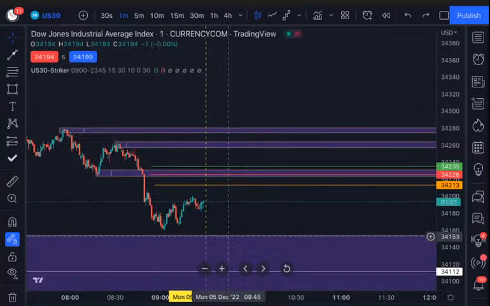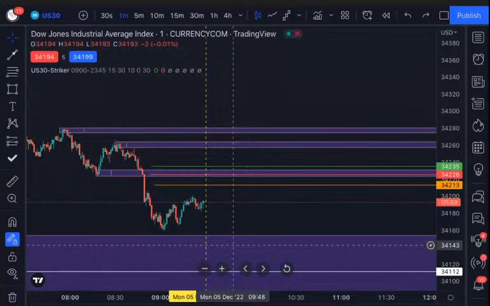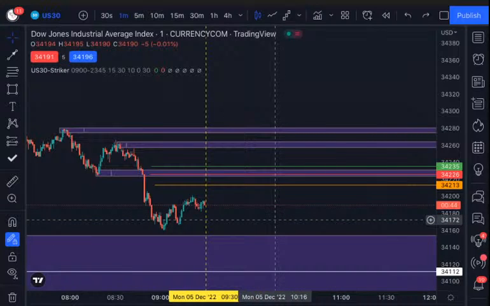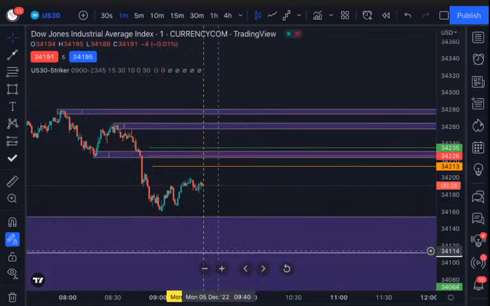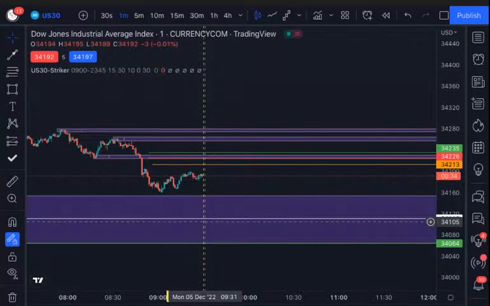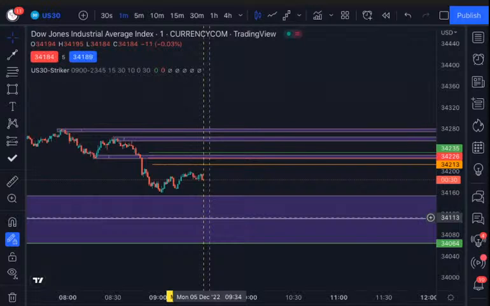This zone down here is an order block from a higher time frame. So price could easily shoot all the way down to this level. This white line is in the center of the order block and is also the 50% retracement, and another 618 retracement on the hour time frame.